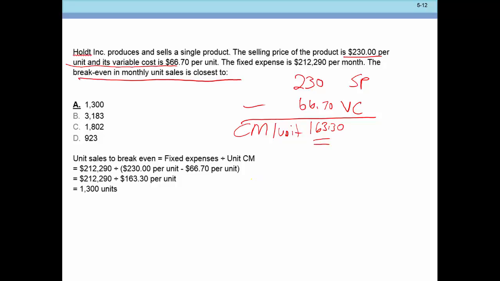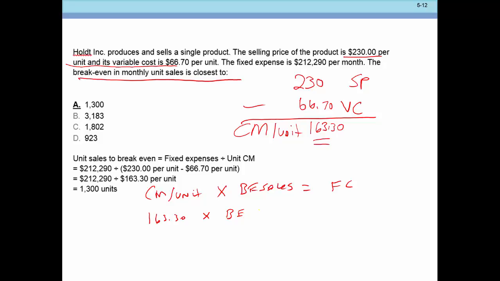Contribution margin per unit is going to be what, 163.30? $163.30. Then I set that up, and again, you're going to get annoyed with me because I'm always going to say, okay, my contribution margin per unit times my break-even sales has got to equal my fixed cost, doesn't it? So I'm going to take 163.30 times my break-even sales.